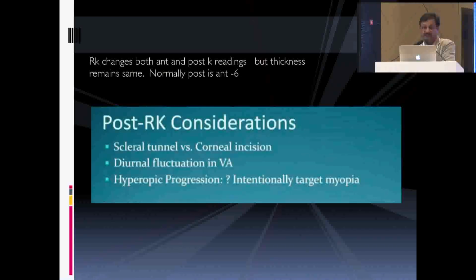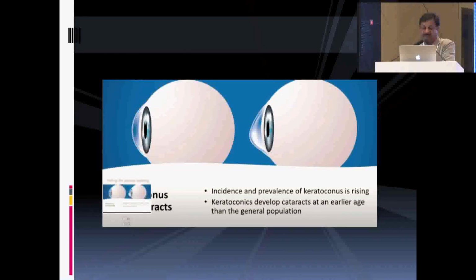So you actually need to look at the central flattened area, the most flattened area, in these RK patients. What is more important is the scleral versus the corneal incisions, if you are taking that into consideration. There could be some amount of diurnal variation in these patients, and there is usually hyperopic progression. So intentionally, you target a little myopia in these RK patients.